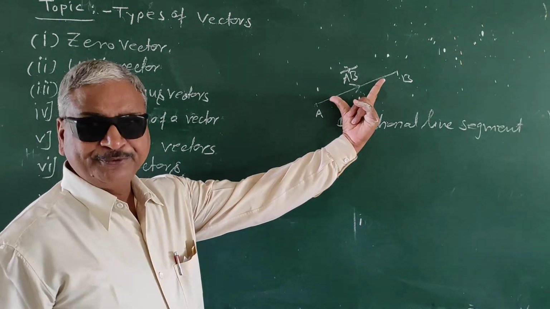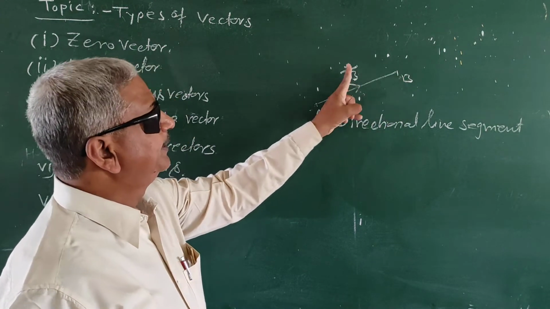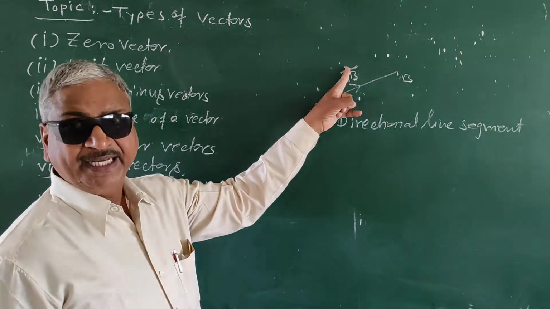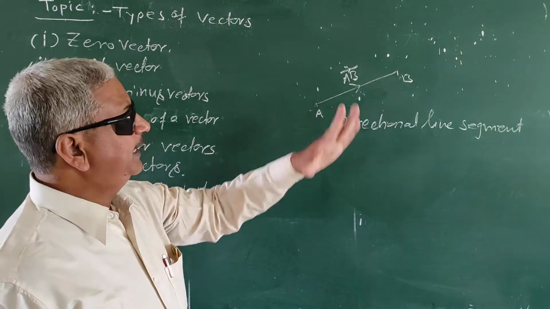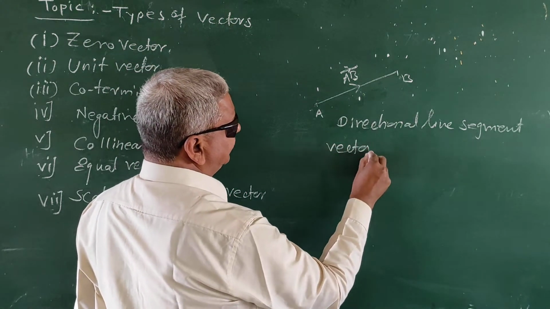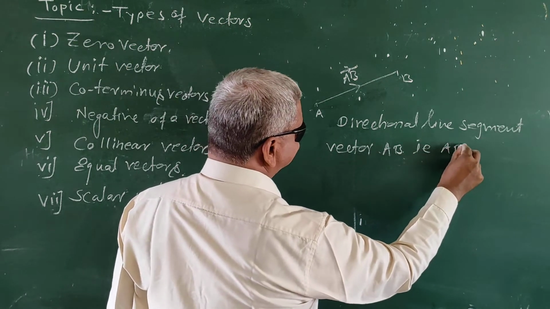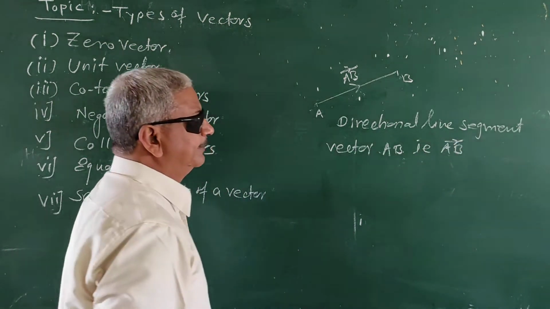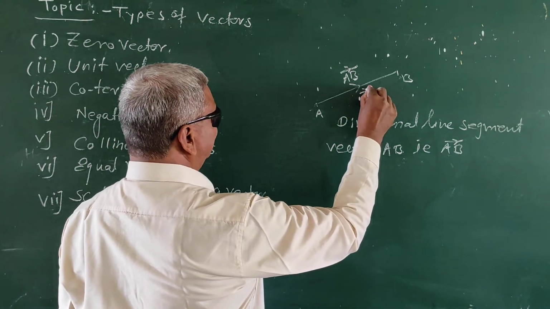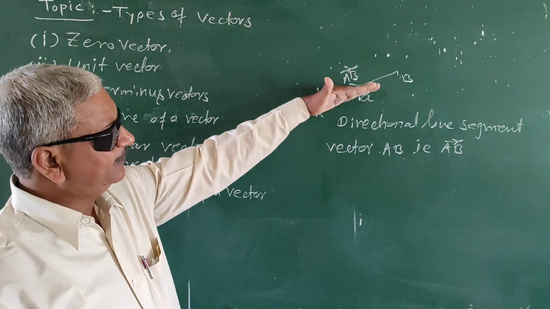If you want to take the two letters A and B, this is the initial point and this is the terminal point. The vector can be represented by two letters, that is AB, headed by arrow, and this is read as vector AB, that is AB bar. If you want to express it by a single letter, you can write it by a bar only, b bar, c bar, by single small letters or alphabet.